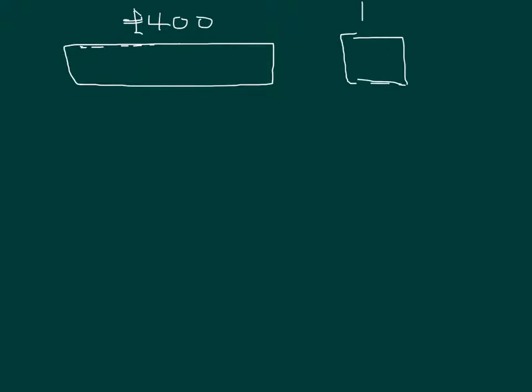So 15% of 400 would be 60, so that would be £60 if we were doing it without a calculator. And then if I was doing a percentage increase, I would add them together and that would give me 460 and I would be done. Well, let's see if we can do it a bit smarter. What are we actually doing?